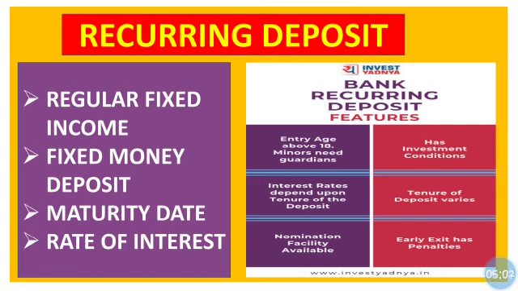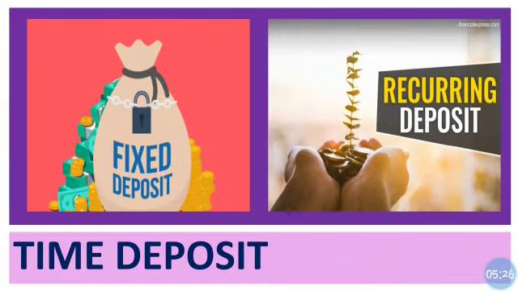Money cannot be withdrawn by the depositor before maturity period. Depositor gets good rate of interest in such deposit as bank provide passbook to show details of all transactions. These two deposits, that is fixed deposit and recurring deposit, are called as time deposits because these two deposits are done for fixed period of time.